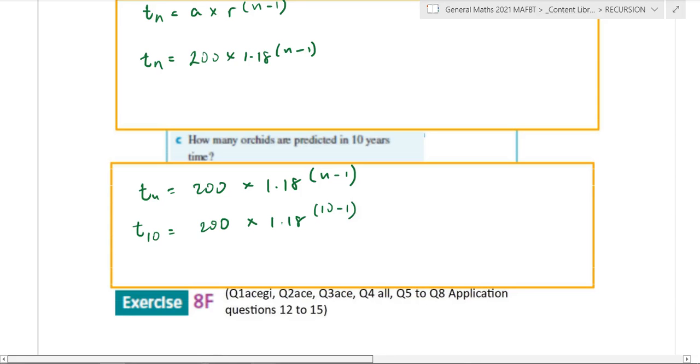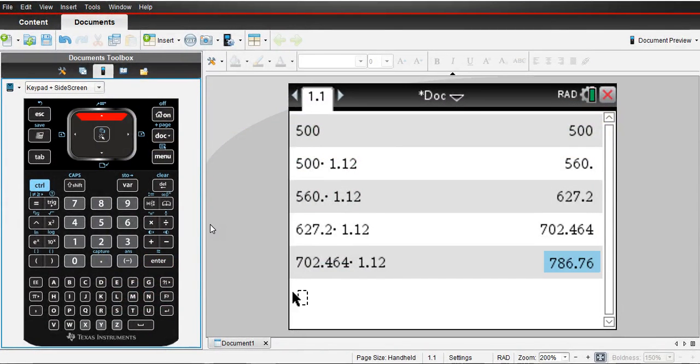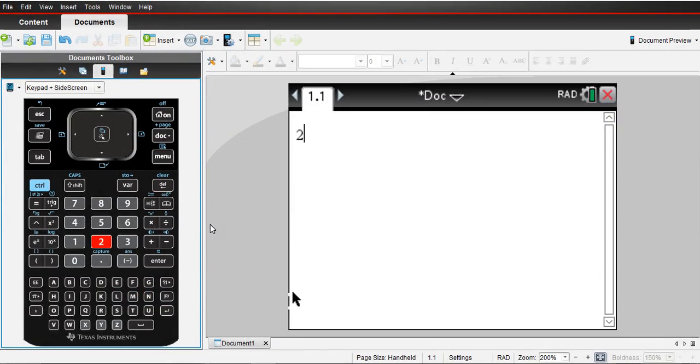Okay, so putting that in my calculator, 200 multiplied by 1.18, and then the power button is this, to the power of 10 take away 1. And that means on the 10th year we'll have 887 orchids.